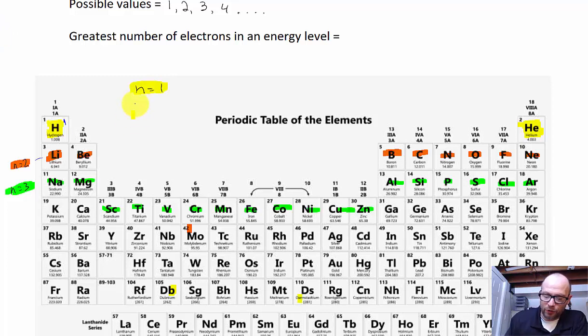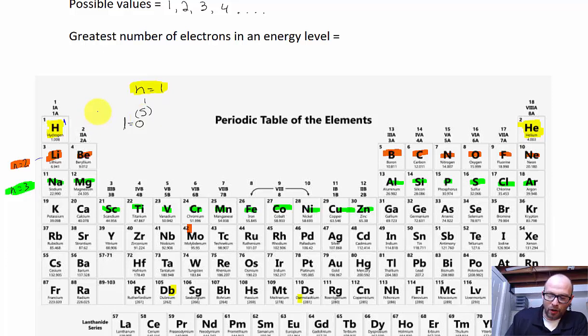So for n equals 1, there's only one type of shape. It's a spherical shape, and we call that an s orbital. Its mathematical number is 0. The term we use is s.